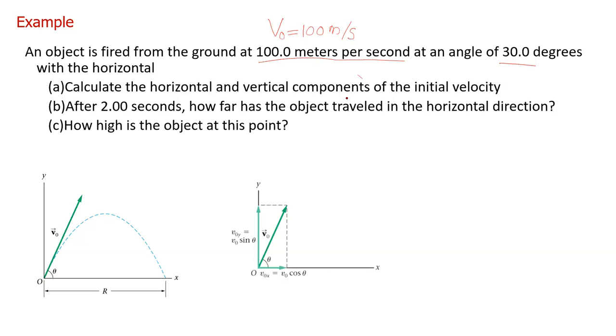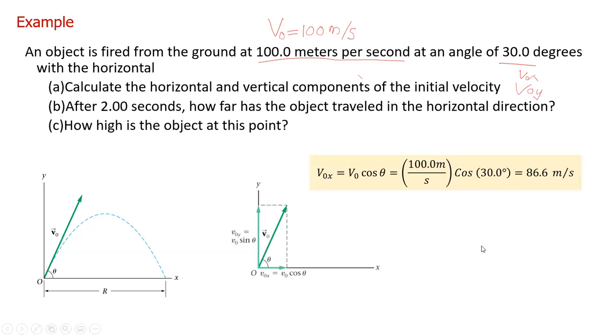Calculate the horizontal and vertical components of initial velocity. This problem guides you. Go ahead, find out v0x, v0y. You know how to do this. After 2 seconds, how far did the object travel in horizontal direction, delta x? How high, y? I will leave this. This is very similar to the earlier problem.